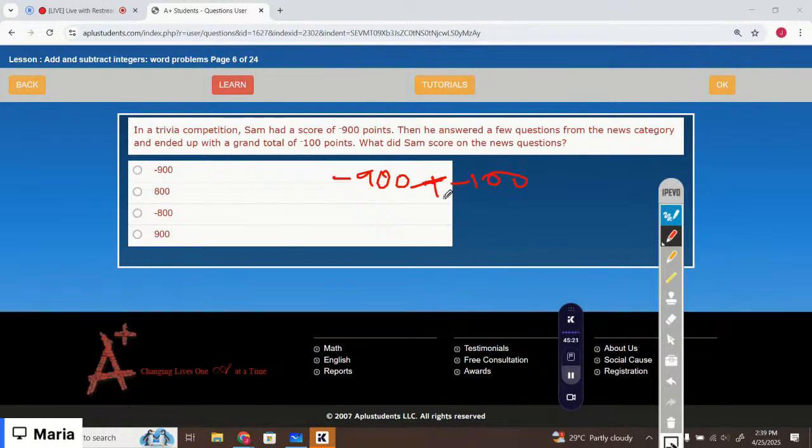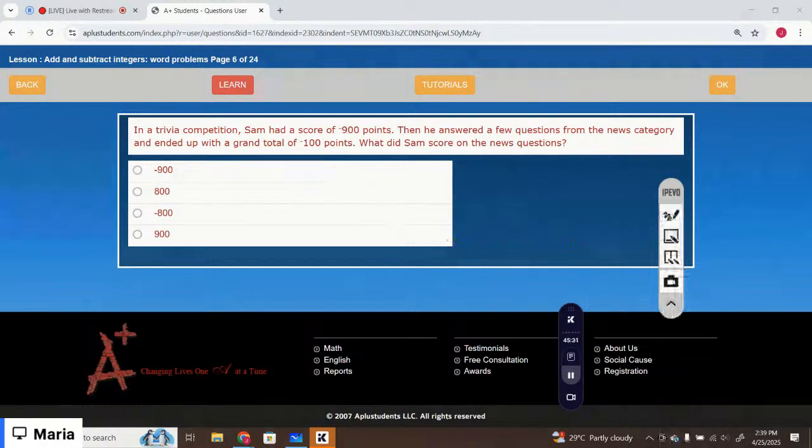Negative 900 plus 100. That is negative 800. Option number three is the correct option.